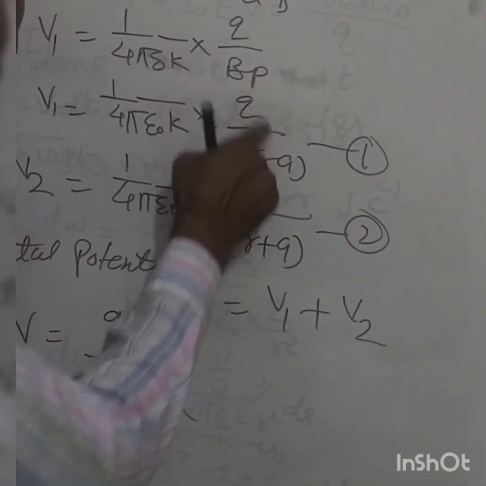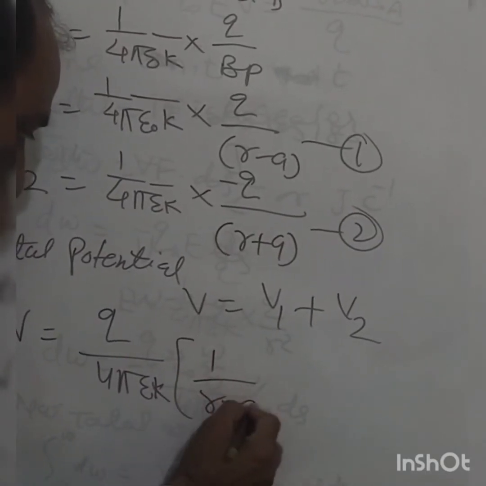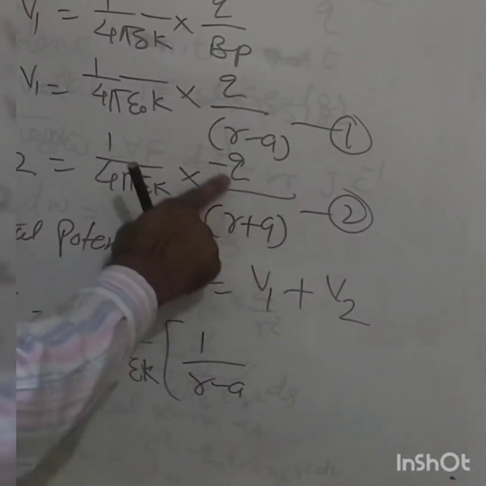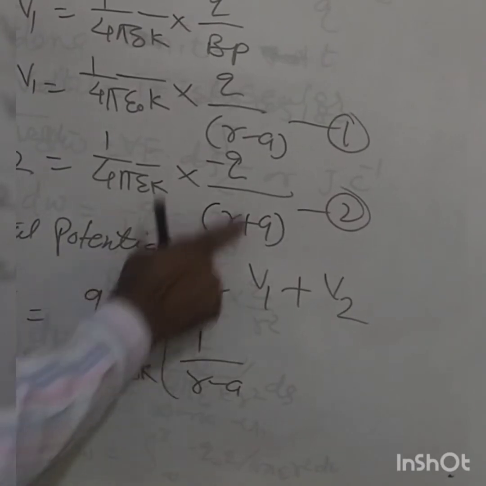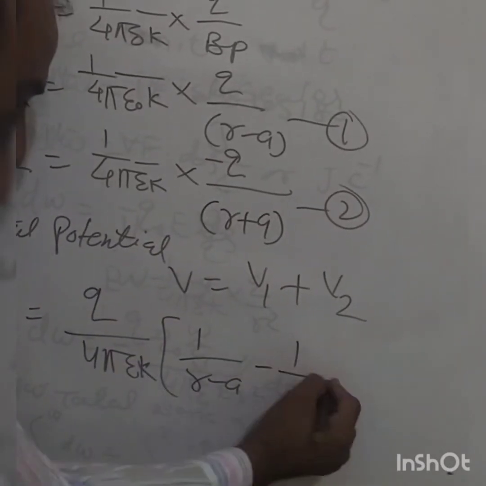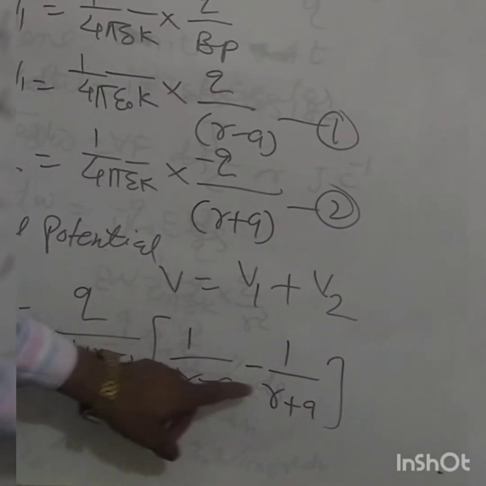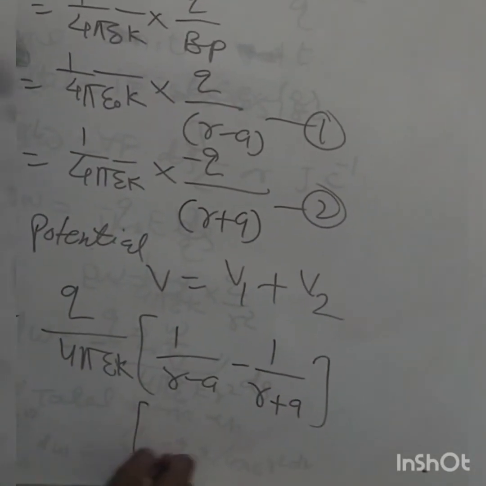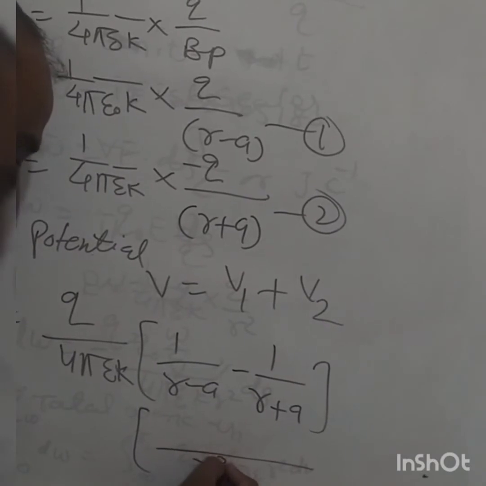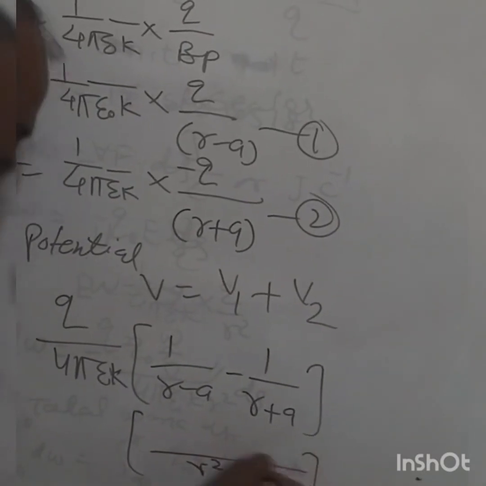From here we get 1 upon R minus A, and since this one is negative, minus 1 upon R plus A. Using the formula (a minus b)(a plus b) is a square minus b square, the denominator is R square minus A square.